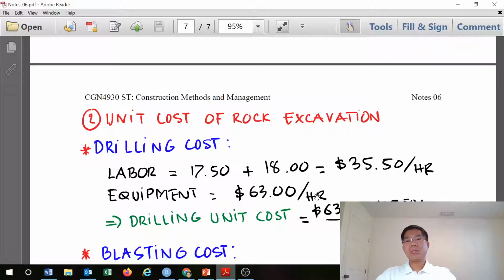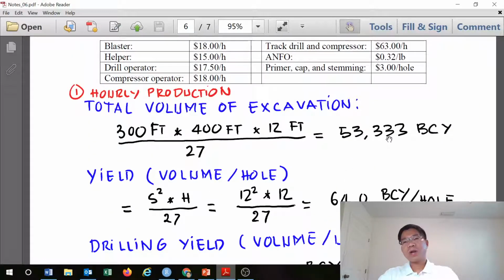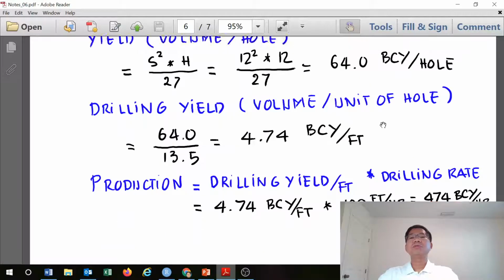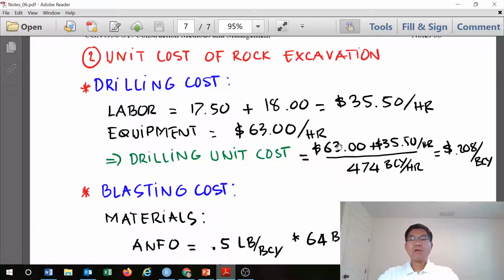This is per hour. We want to find out the unit cost of rock excavation. It means how many dollars per bank cubic yard. Okay, so bank cubic yards times the unit cost gives you the total cost. That's the bottom line. And we already know the total bank cubic yards, which is 53,333. So the unit cost in this case, as you can see here, is 63 for the equipment plus $35.5 per hour for labor, divided by the 1 hour production yield of 474 BCY per hour.